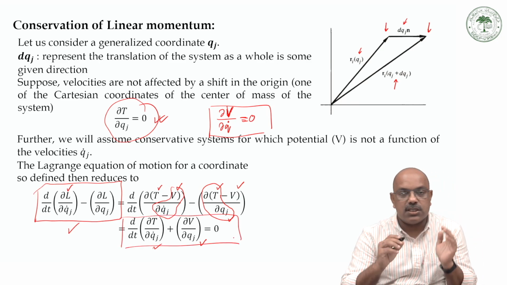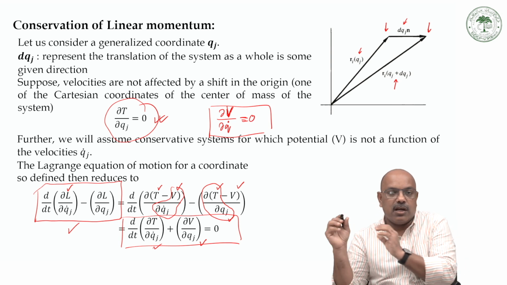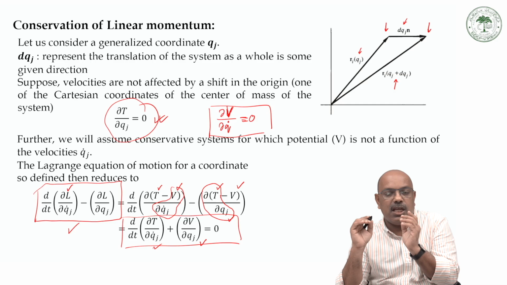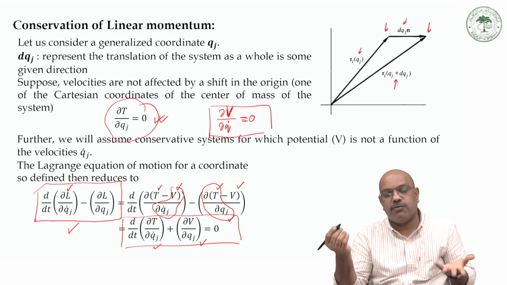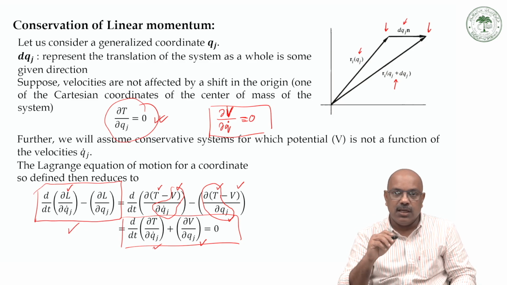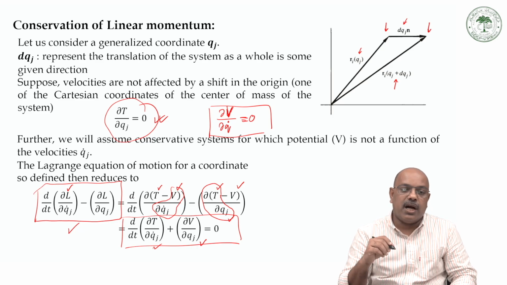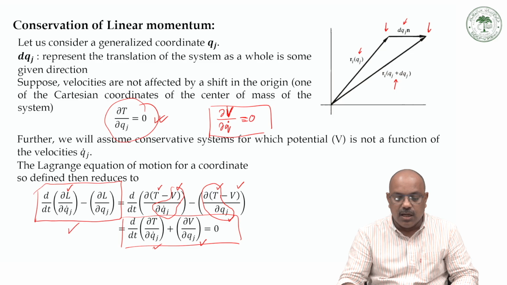So when the system is translated in configuration space with the condition that the kinetic energy is not changing and the potential is not depending on the generalized velocity, for the conservative system, what I have is the kinetic energy containing only the q dot generalized velocity part, and the potential energy depending only on the generalized coordinate.